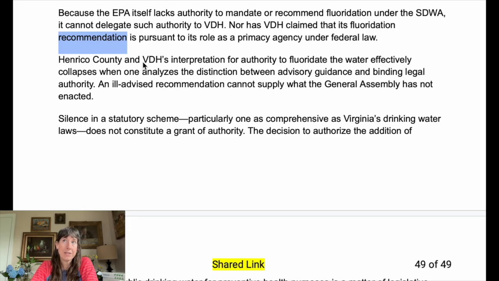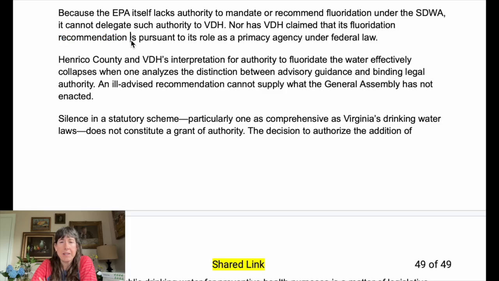That means that VDH is forcing a locality to keep fluoride in the drinking water for 90 days. I don't believe that they can legally do this. Based on reading the meeting minutes, I don't think they can legally do this. So we'll have a judge figure it out.